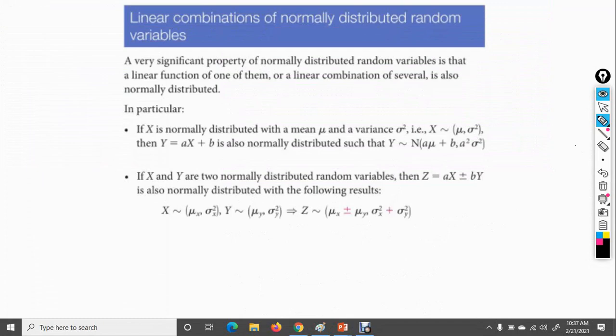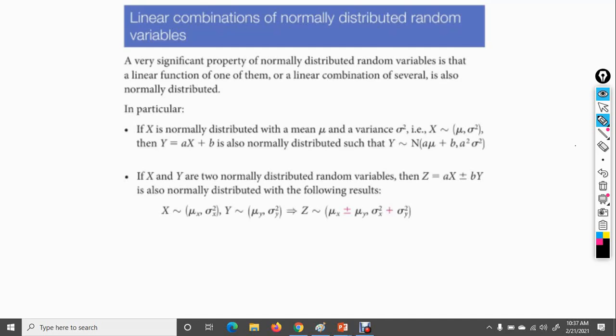So in the next slide, you're going to find linear combinations of normally distributed random variables. And it refers to a very significant property of normally distributed random variables. And that is that a linear function of one of them, or a linear combination of several, is also normally distributed. So what does that mean?